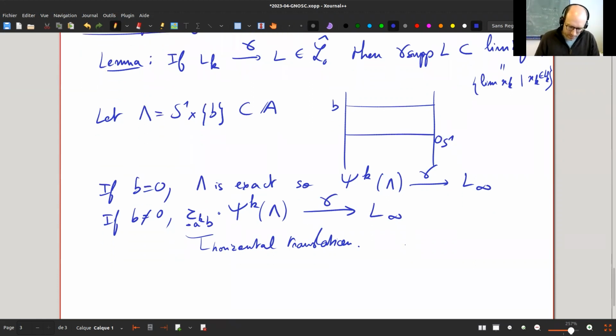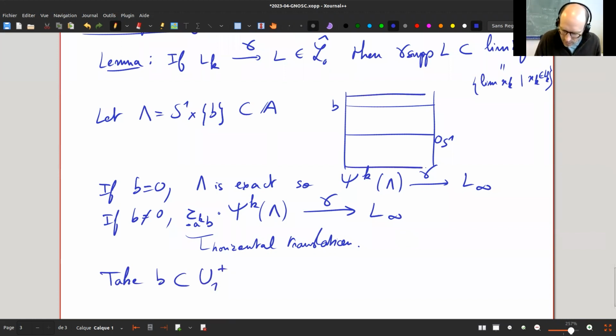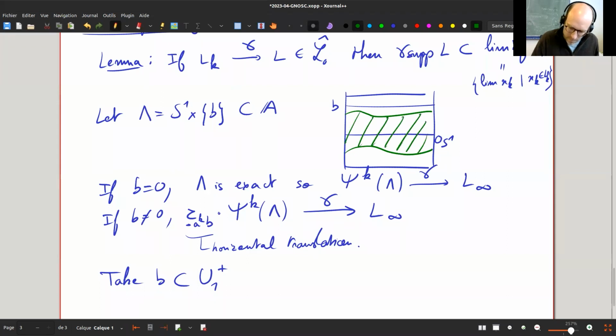And now, if I take B to be included in U1 plus, so remember there was the annulus like this, and after my first iteration, the annulus was sent to something smaller. So U1 plus, U1 minus.